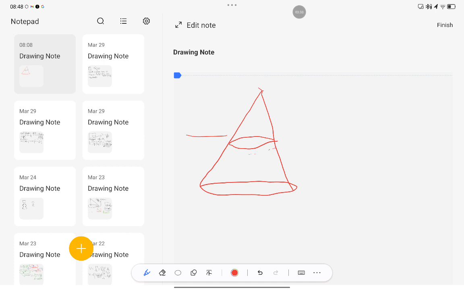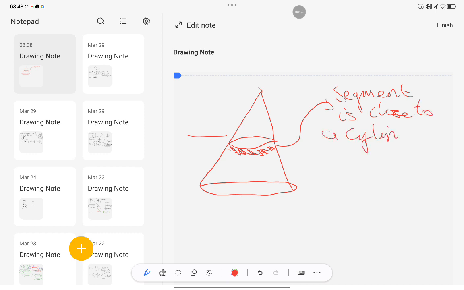And if we go a bit down below and look at the volume of this segment, it looks pretty similar to a cylinder. So this segment is close to a cylinder if its width, which I'm going to call delta h, is small.